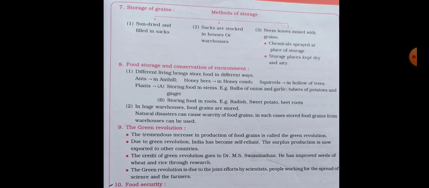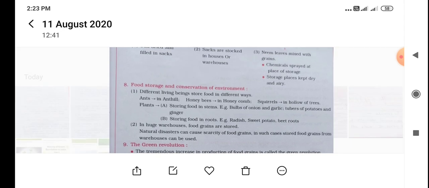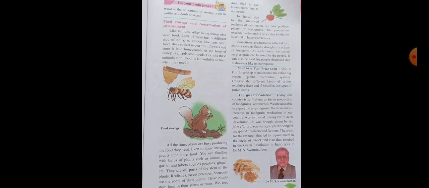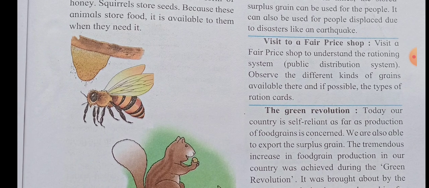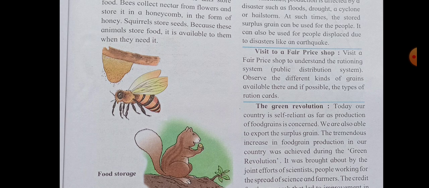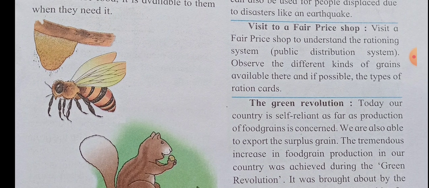After that, in this way we completed the Green Revolution story. One more point remains: a visit to the fair price shop, children. Actually, in these fair price shops, those people who have very low income, the poor people, don't get food grains easily.